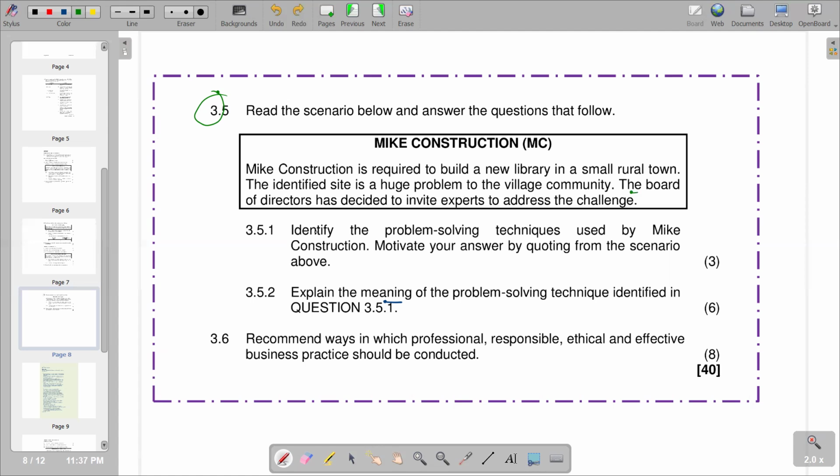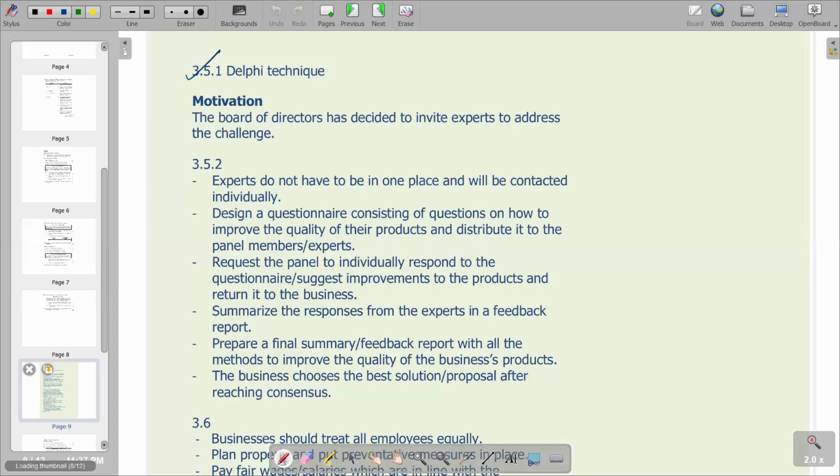So you'll see that the element of invitation of experts is the one that is pointed out, and this is what is highlighted by the extract where we are saying they have decided to invite experts to address the challenge. So we have the Delphi technique as our answer on 3.5.1.